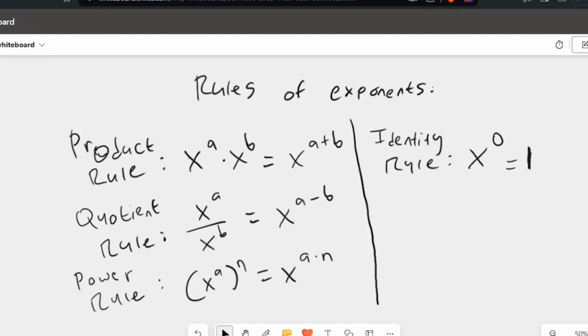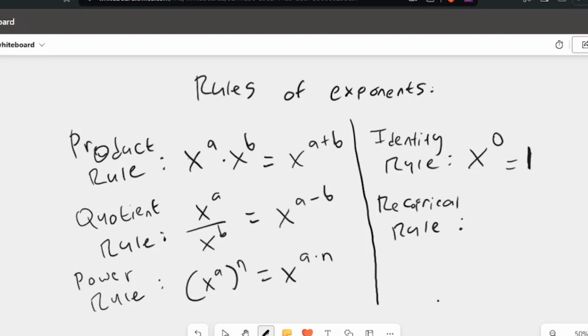Now, what if we have another property, and we'll call it the reciprocal rule, which I probably misspelled, but again, I'm doing some math stuff, so it is what it is.